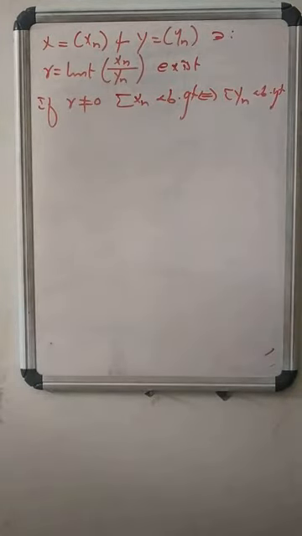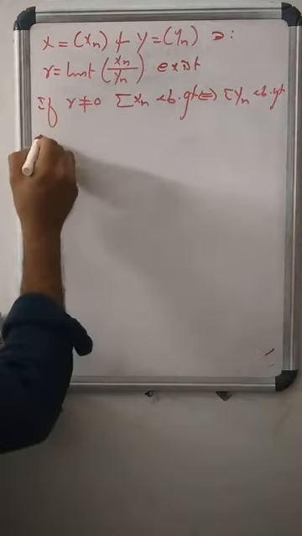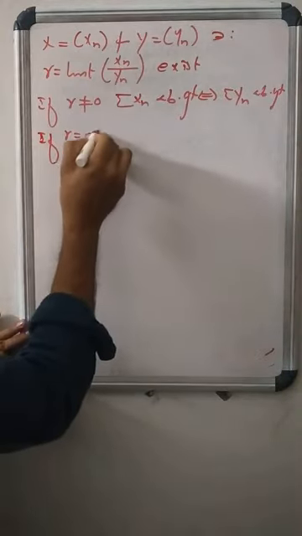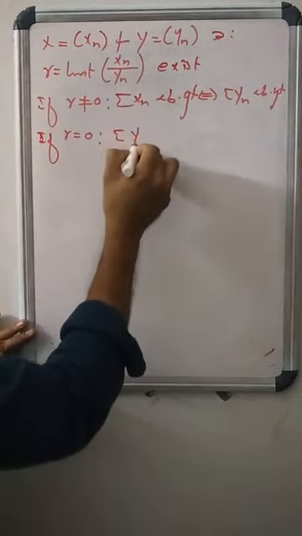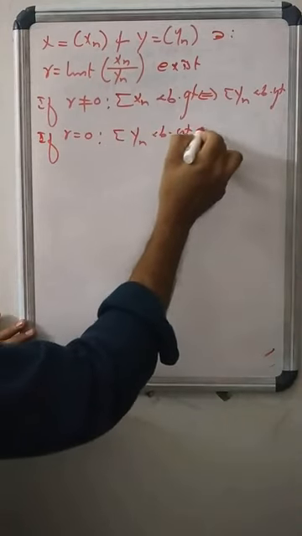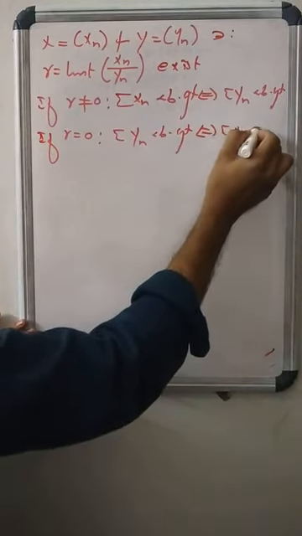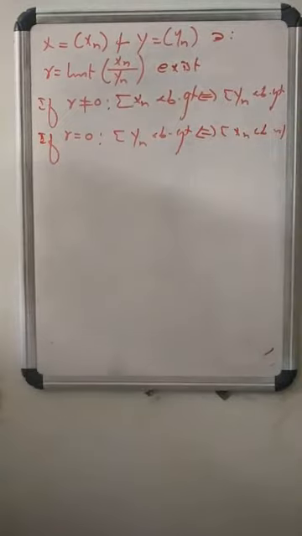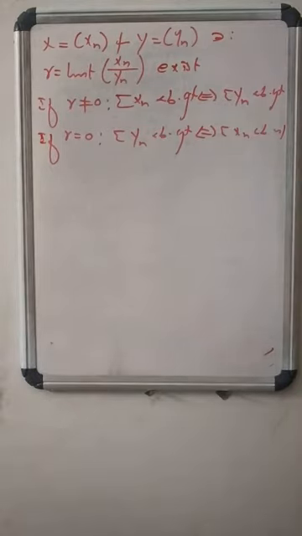If r equals 0, then sigma yn absolutely converges implies sigma xn absolutely converges. So this is the limit comparison test. The proof is the same as that of the limit comparison test for testing the convergence of a series. So this is the first test.